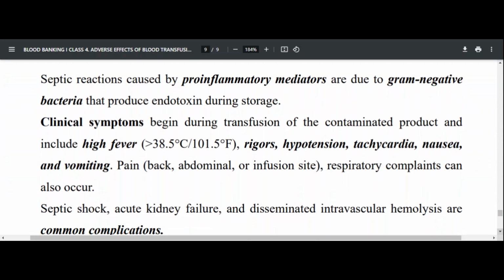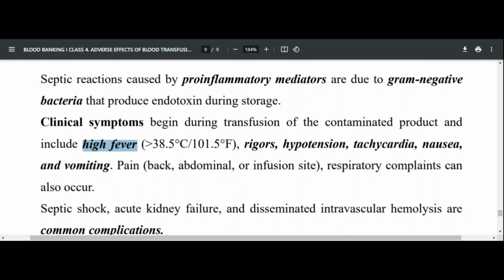Of course, those bacteria that produce endotoxin can cause a problem of pro-inflammatory mediators, which can lead to septic shock or septic reaction. So for symptoms, you find that the patient is experiencing high fever, rigors, hypertension, tachycardia, nausea, and vomiting.